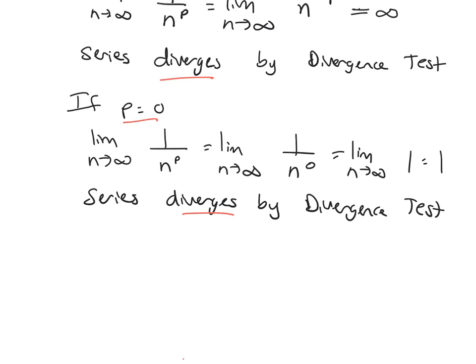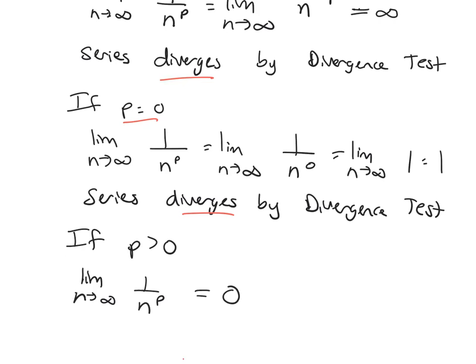If p is positive, if p is greater than 0, well, just like we did in the previous case, let's try to use the divergence test. 1 over n to the p. Now my power is positive, so it's going to stay in the denominator. So what's that limit going to be? 0.